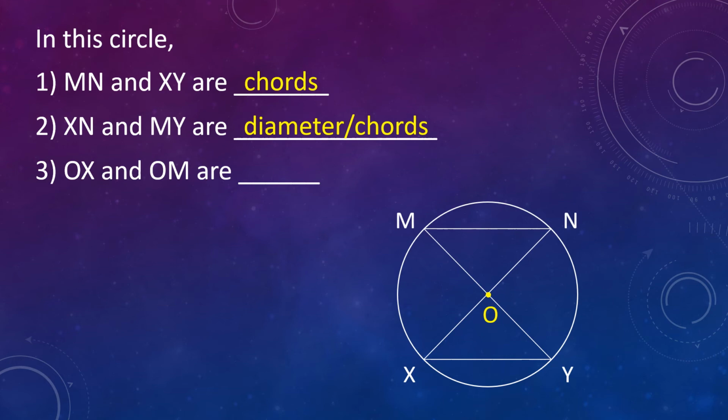And a chord is a line segment whose endpoints lie on the circle. Number 3, OX and OM are dashed and the answer is radii, because radius is a line segment joining the center of a circle to any point on the circle.